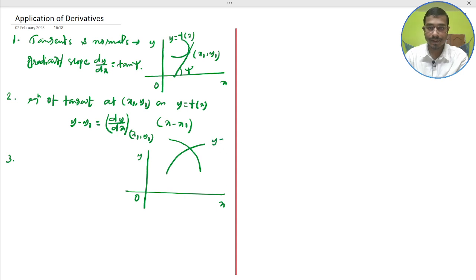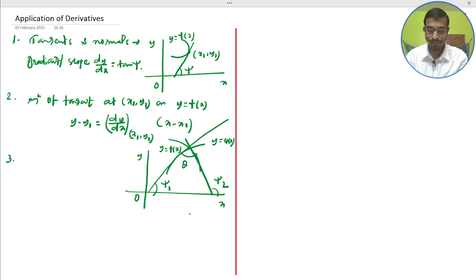This is y equal to phi(x) and that is y equal to f(x). This one be psi 1 and that is psi 2.